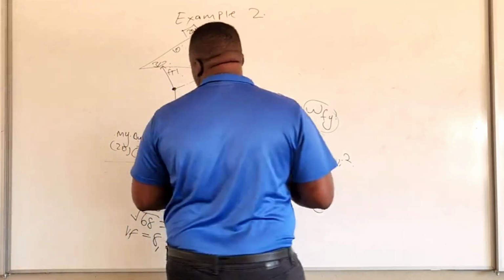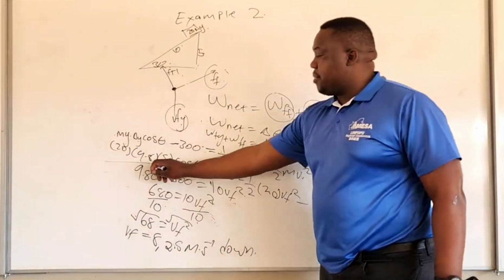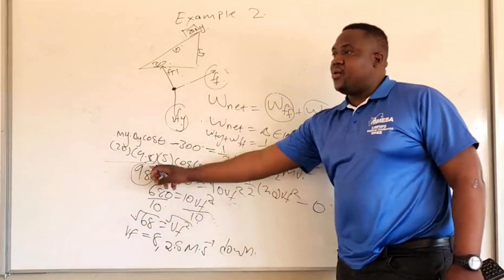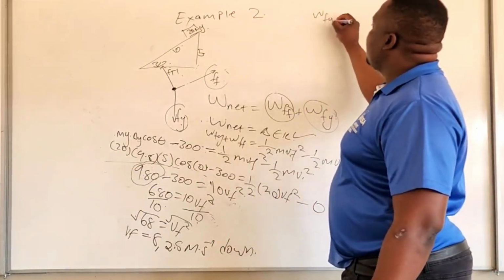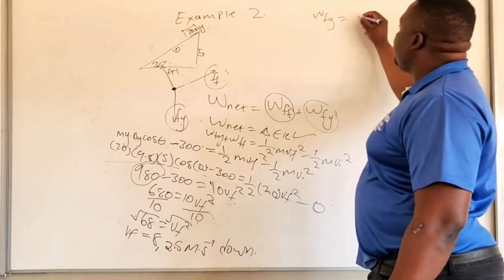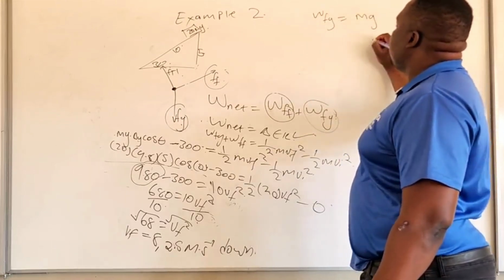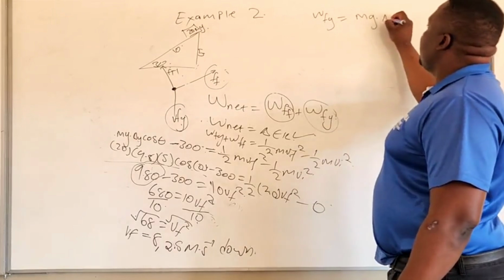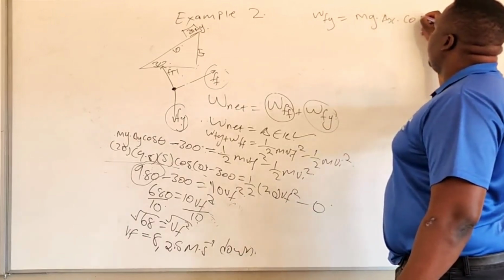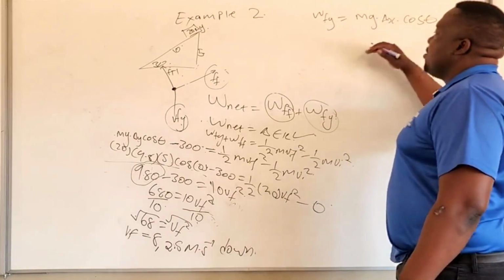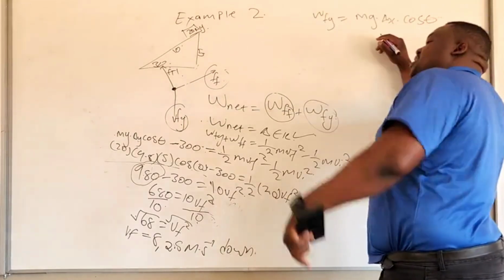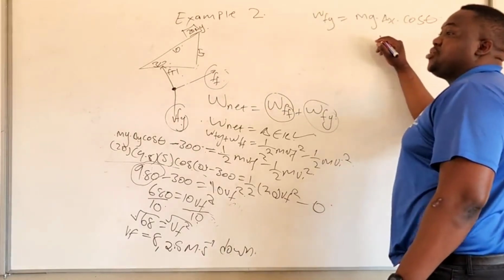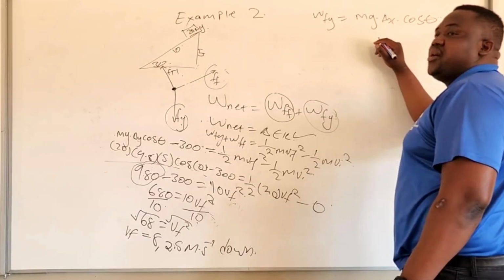Remember for work done by gravitational force I got 980, so I want to show you the other method. You can say that work done by gravitational force is equal to mg delta x, then cos theta. We've got this method. I will even give you the third method so that you choose whatever you want depending on what you are given.